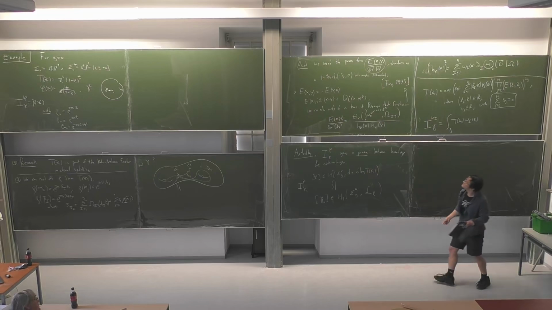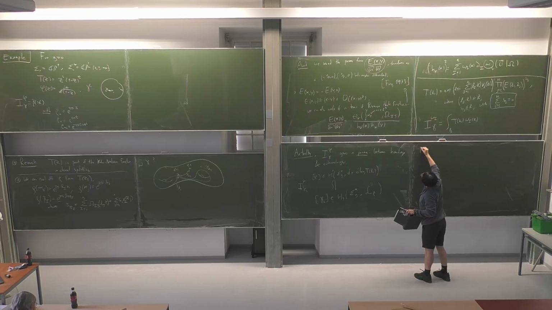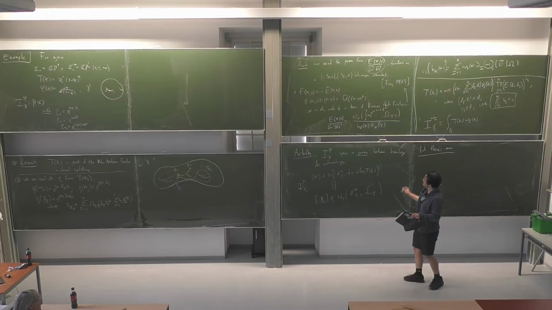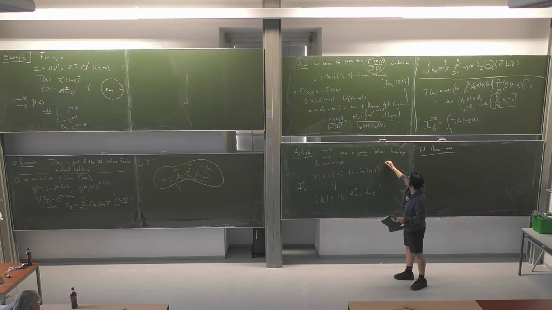But there's more. There is another pairing. I'm going to write the pairing first, which is: take the integral of t of z1. This is why we wanted u1 in the representation.